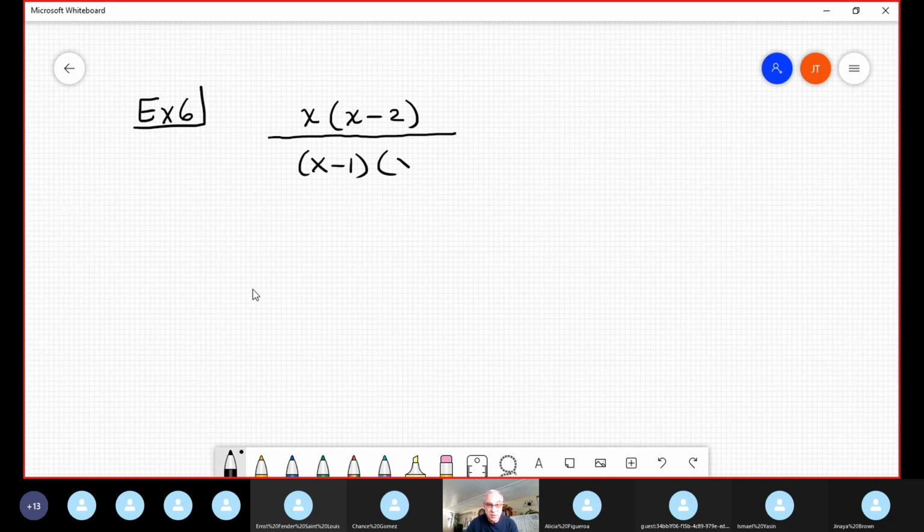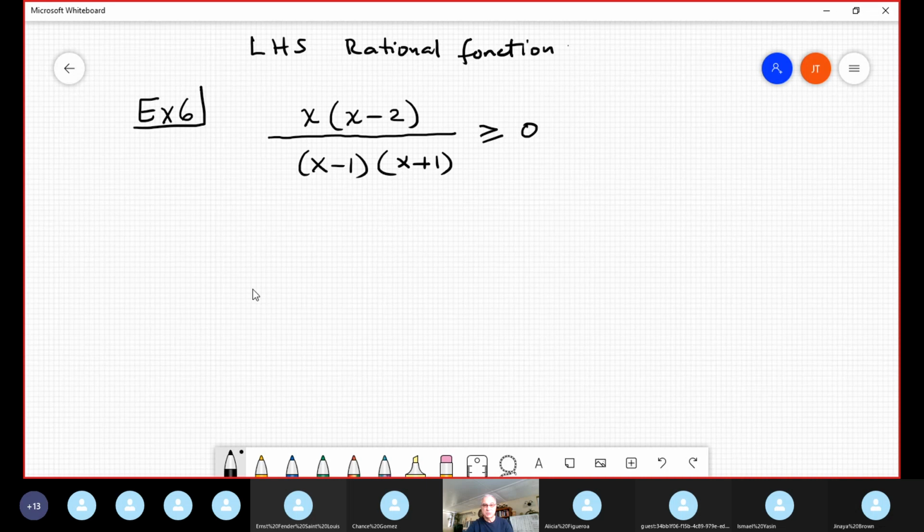And to make the problem easy, I suppose that somebody did the factorization for me. This is my inequality. So the new thing is that now on the left hand side we have a rational function. In the previous problem we discussed, the left hand side is a polynomial function.